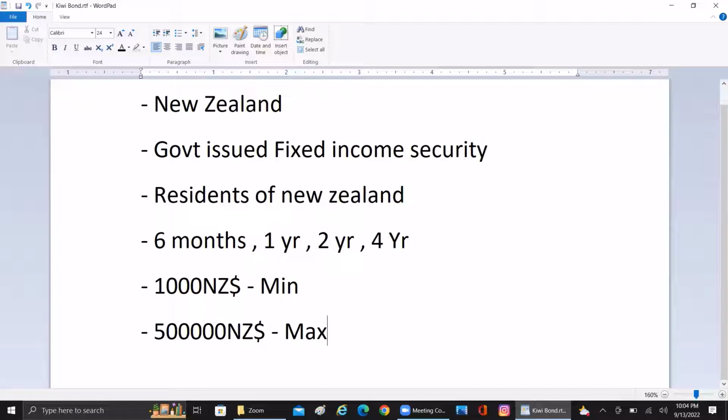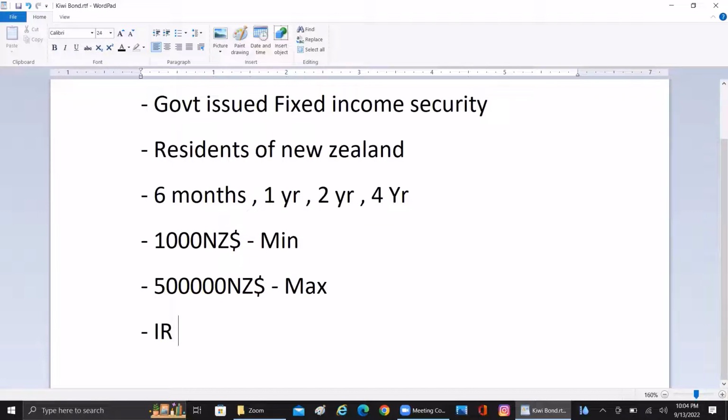The minimum amount they can invest is 1,000 New Zealand dollars, and the maximum is up to 5 lakh New Zealand dollars. The interest will be paid on a quarterly basis, along with the arrears.